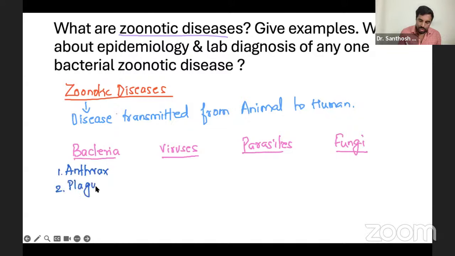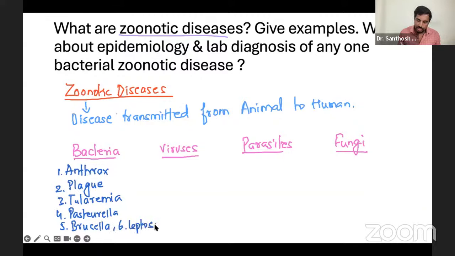Plague is the one topic which we are going to cover now. A lot of diseases are going to come from plague. And the other one is tularemia, another disease. And Pasteurella from the cattle, all these things. These are the very common ones. We have other things, and of course, don't forget Brucella, even Leptospira, which we already covered.